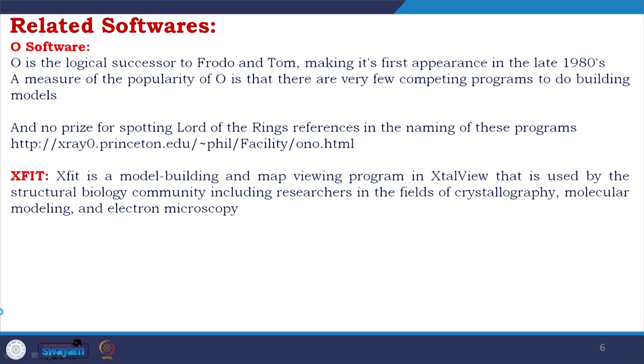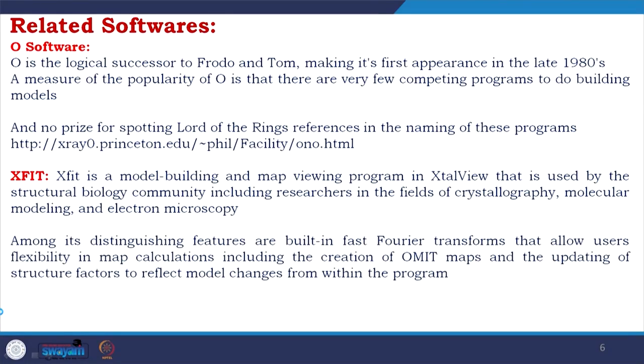XFIT is a model building and map viewing program in CrystalView. As I talked about, it is a module of CrystalView that is used by the structural biology community, including researchers in the field of crystallography, molecular modeling, and electron microscopy. Among its distinguishing features are built-in fast Fourier transforms that allow users flexibility in map calculation, including the creation of omit maps and the updating of structure factors to reflect model changes from within the program.